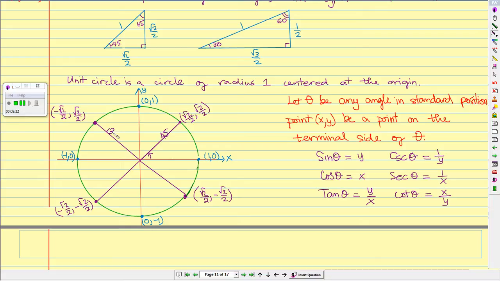So I put right here 135. And then 180 plus another 45 should be 225 degrees.